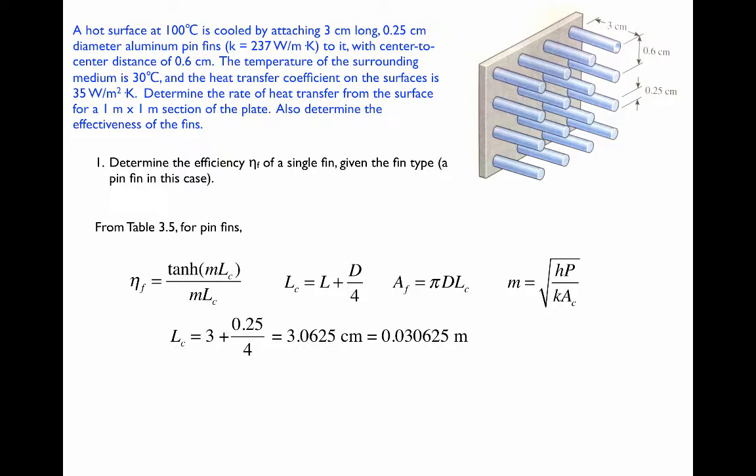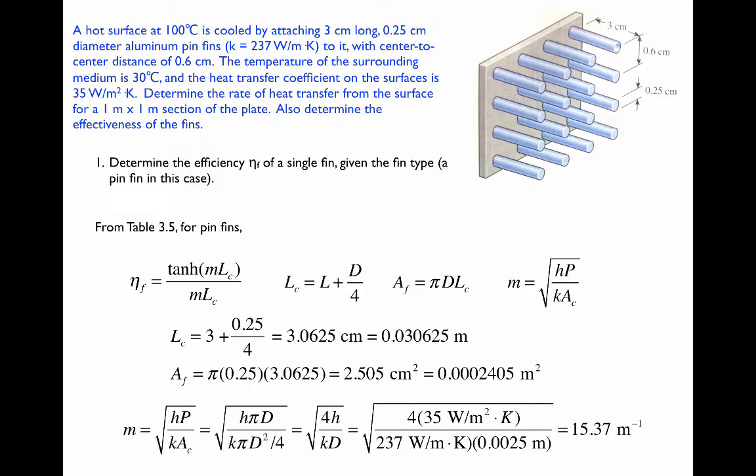We start by calculating the characteristic length, which is the pin length plus 1/4 times the diameter, or 3.0625 centimeters, and we use that to determine the surface area of the pin. And finally, the quantity m, which we can simplify somewhat by substituting P for the perimeter of a cylinder, which is pi d, and for the cross-section of the cylinder, pi d squared over 4.